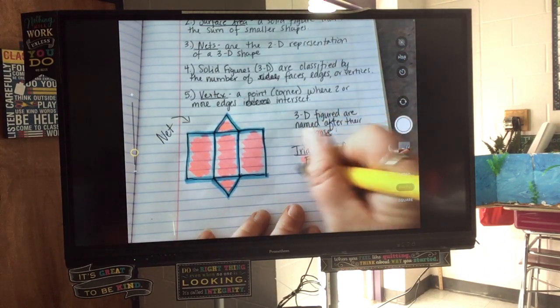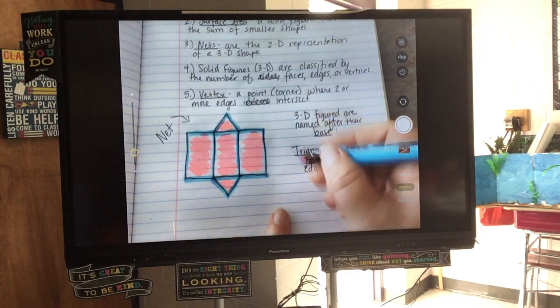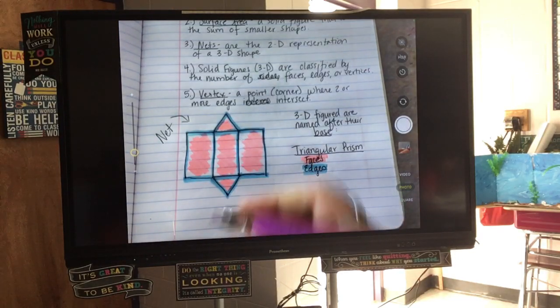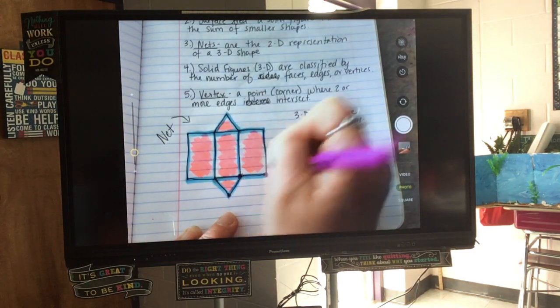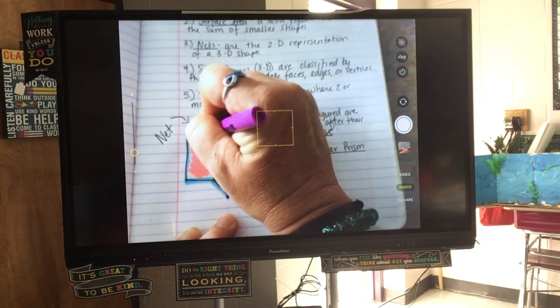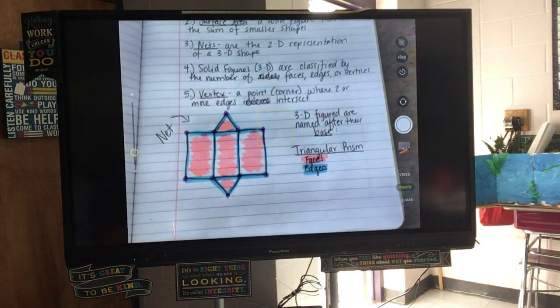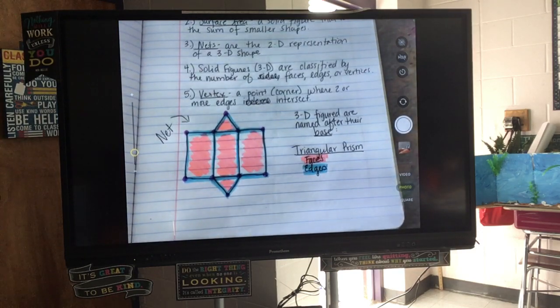Yep. And then what are those purple dots called? Edges. Nope. Purple dots. Bria? Vertices?